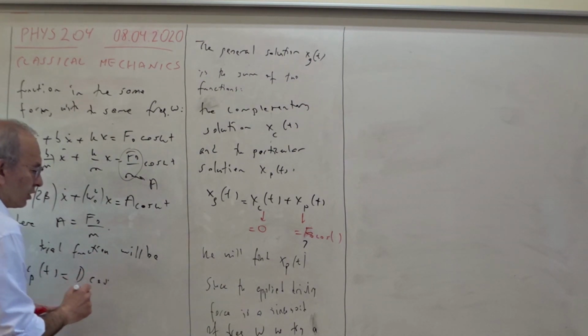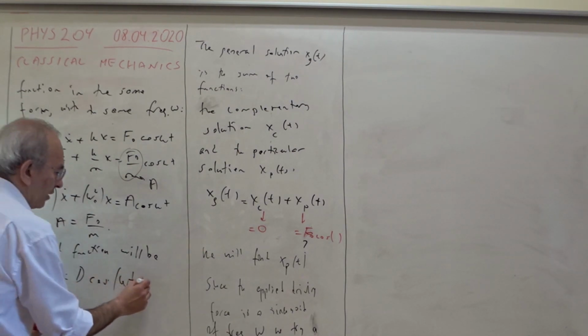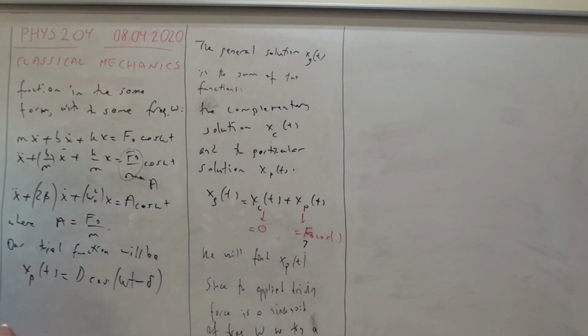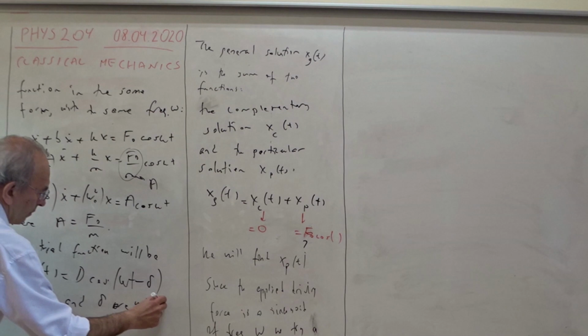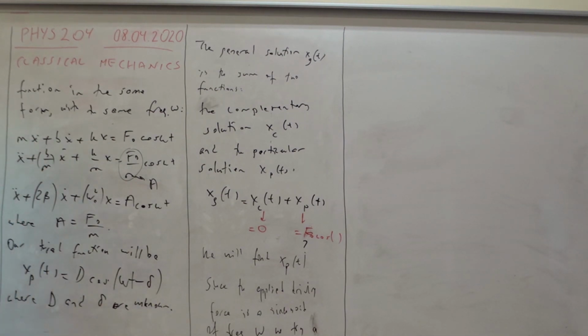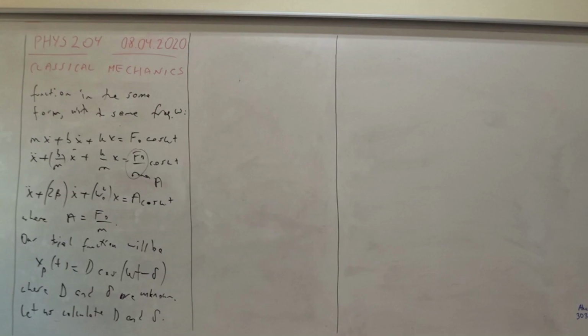It will be a cosine, the same omega t, but with an unknown phase factor delta, where D and delta are unknown, but we will find them.